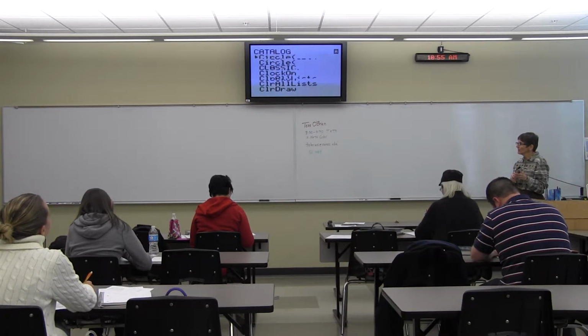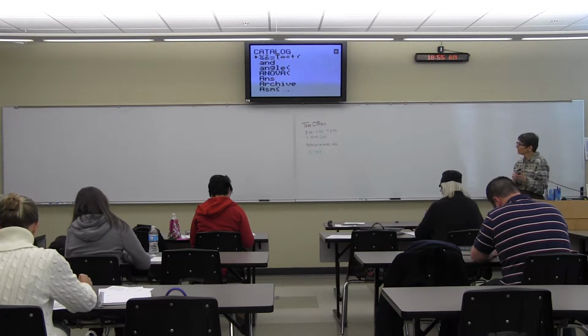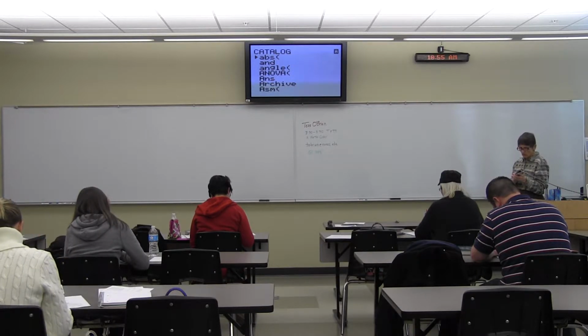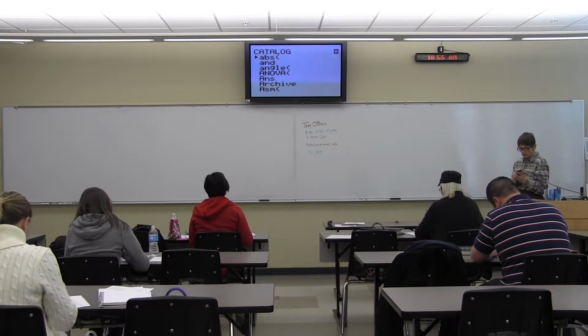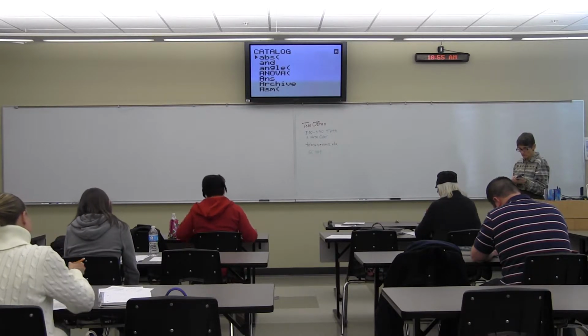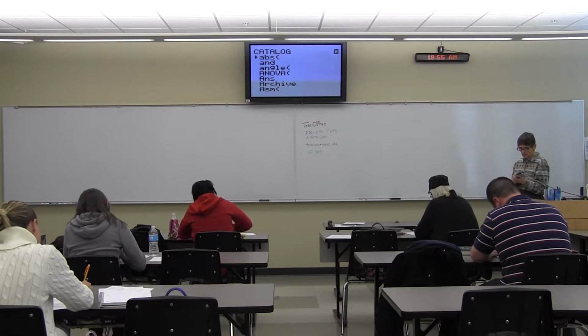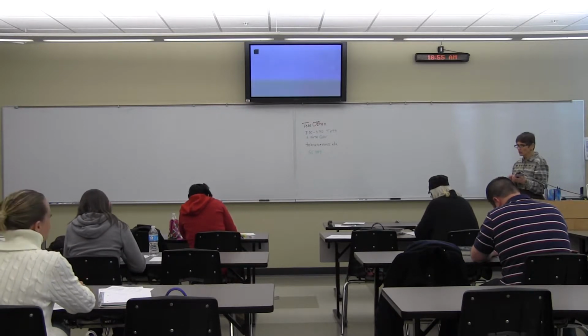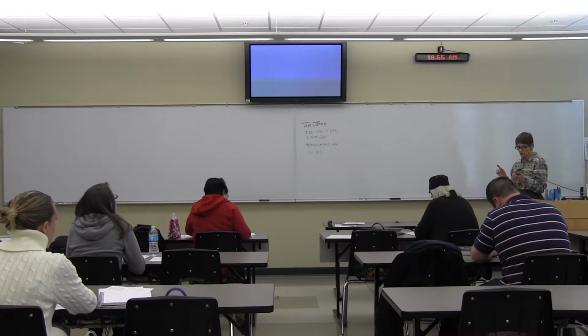Okay, let's go back to that Math menu. So Math, and to get the catalog, I hit second 0. Right now I'm just hitting, you may have to quit, and that's a good thing to know too.